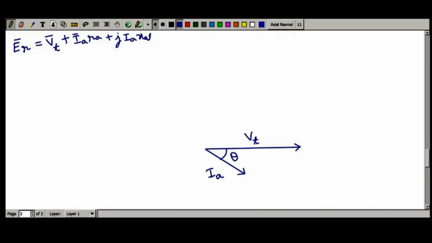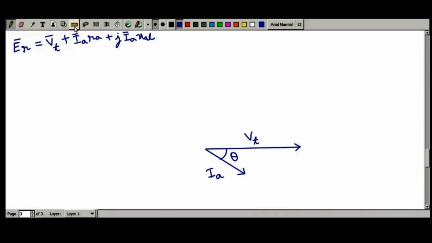So this equation will guide you on how you can obtain the air gap voltage ER.